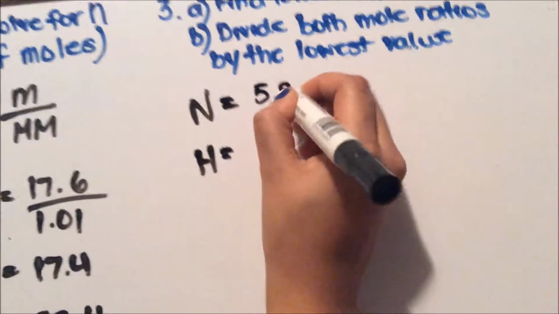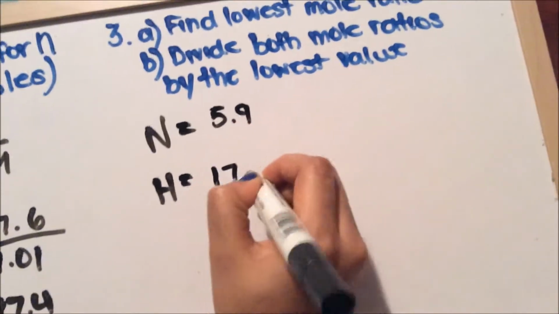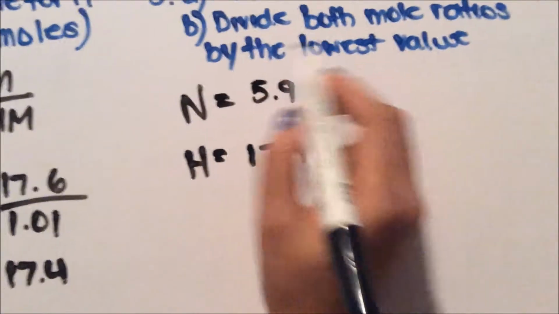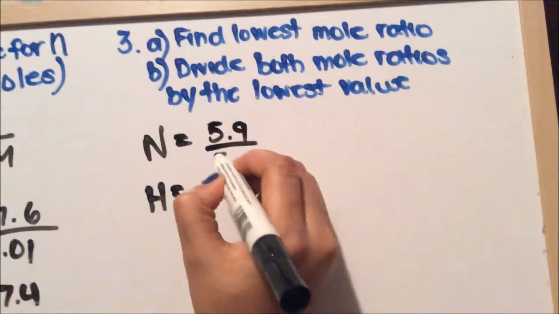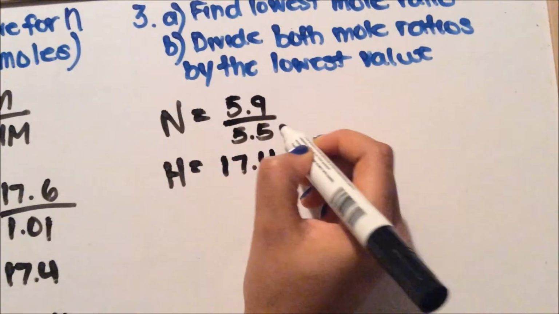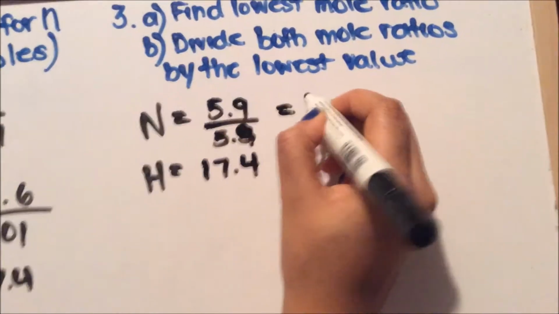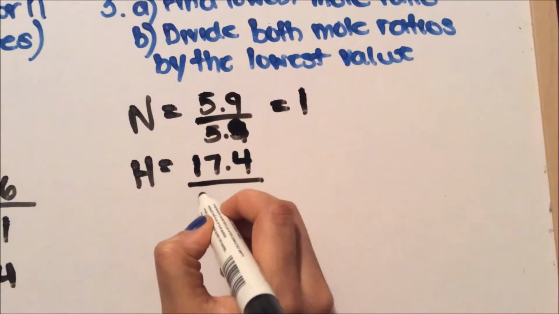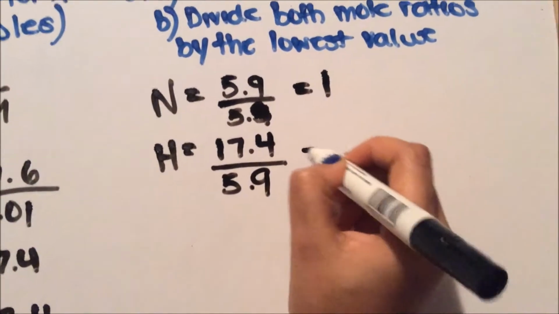Since 5.9 is smaller than 17.4, that's what you're dividing by, and that's for part B. So 5.9 divided by 5.9 equals 1. 17.4 divided by 5.9 is equal to 3.